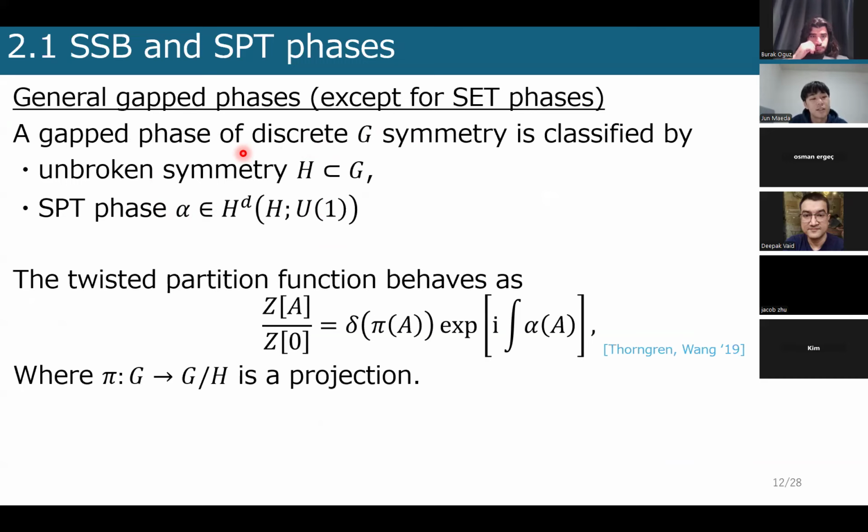And general gapped phases of discrete G symmetry, except for the SET phase, are classified by the unbroken symmetry H and the SPT phase labeled by this group cohomology.